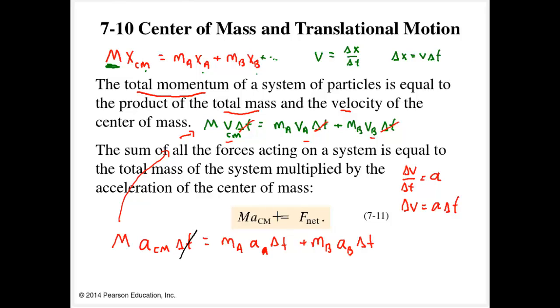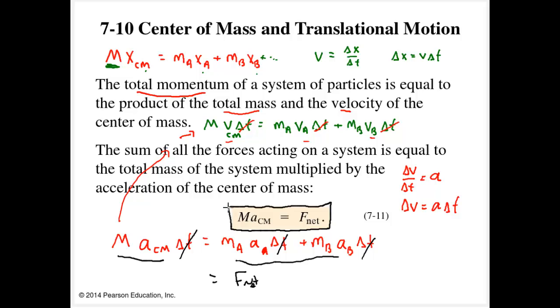I cross out my delta t's, and now I have an expression for the acceleration of my center of mass. These terms are simply the net force acting on the system, so the acceleration of the center of mass can be expressed as the net force divided by the total mass of the system.